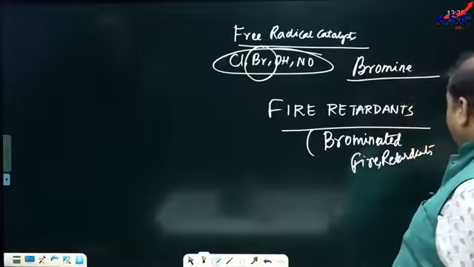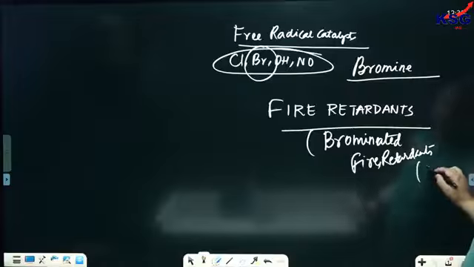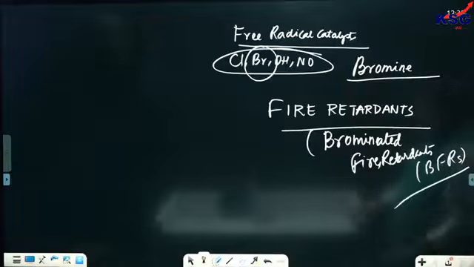It is referred to as brominated fire retardants. In short, we write it as BFR. And we can see BFRs are present in a number of wastes that we have.